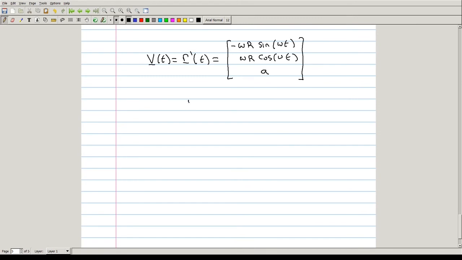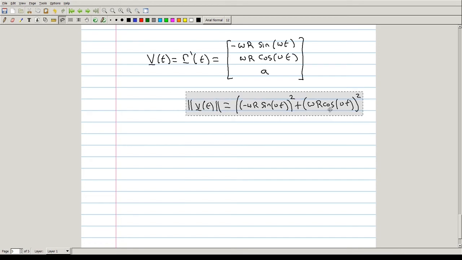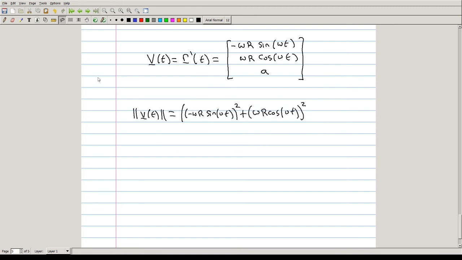And so the magnitude of the velocity vector for the helix as a function of t is going to be the square root of (negative omega r sine of omega t) squared plus (omega r cosine of omega t) squared plus a squared.